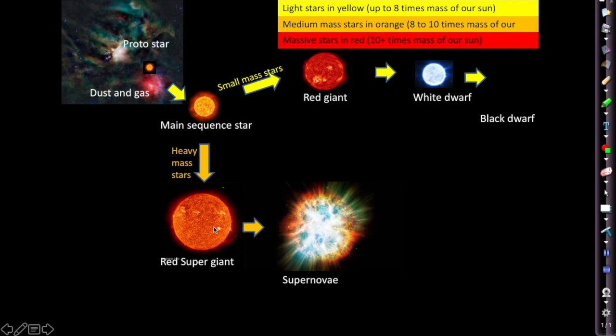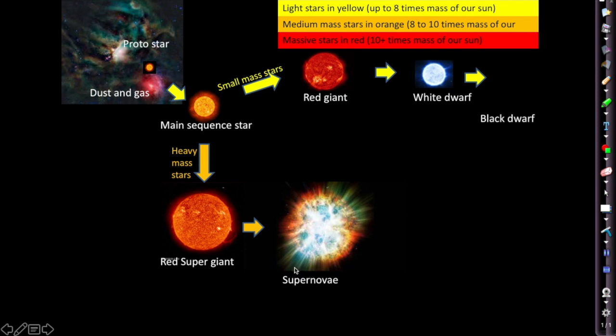They collapse inwards so rapidly that they explode outwards in one of the largest explosions in the universe, called a supernova. So the explosion of a star or a dying star. Now during the supernova is where they will make elements which are heavier than iron in the periodic table. So all of our golds and uraniums and silvers, they'll all be made in a supernova explosion.